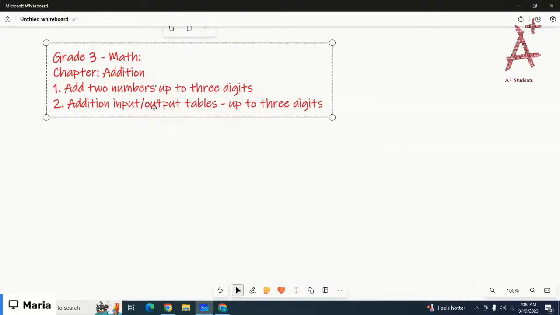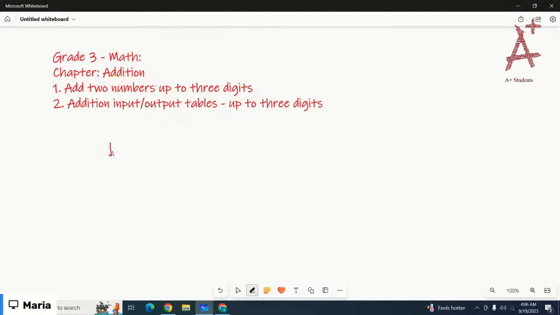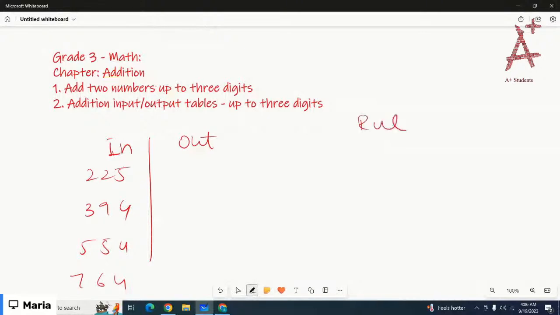So for example, you are given a table and you are given an input rule also, right? The input is 225, 394, 454 and 564, right? The rule is you have to add 100 to find the output.